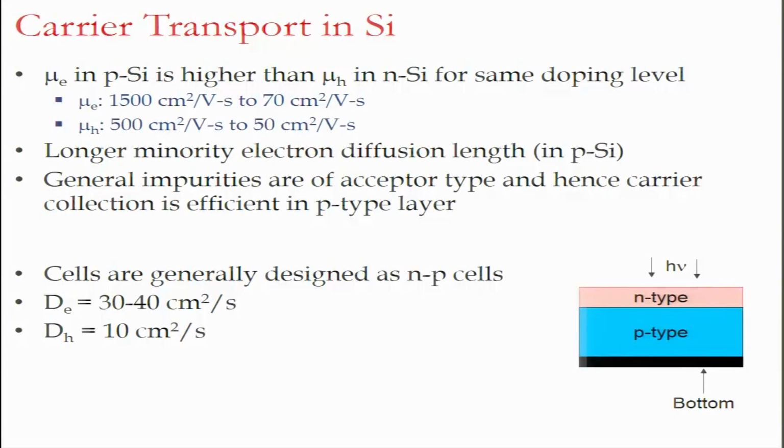You can see the same trend in diffusivities: the diffusivity of electrons is higher compared to holes, so this is for P silicon and this is for N silicon. That is why P type, which is the base, is far thicker compared to the emitter on top, and you put electrodes on top so that they do not completely cover the surface, yet electron collection is efficient.